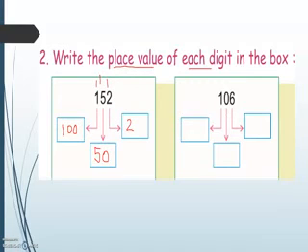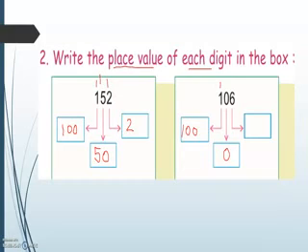Now look at this number, 106. And we have to write the place value of each digit. See, 1 is in the hundreds place. So the place value of 1 is 100. And look at the next digit, 0. We have already learned that the place value of 0 is always 0.